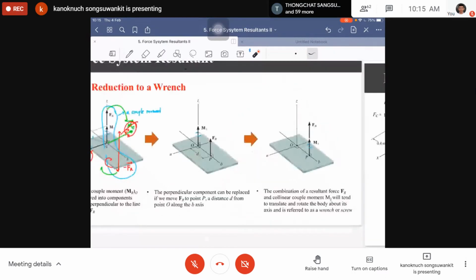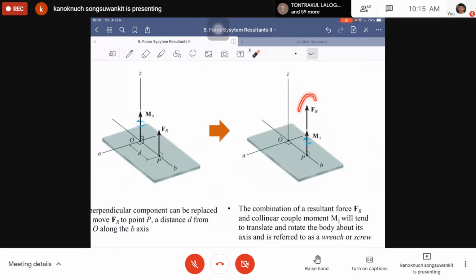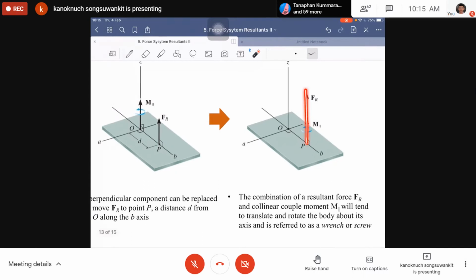So you can see that for this system, the movement is translation and also rotation, on the same axis. So let's suppose that the line of action is axis C. The moment will rotate about this axis, and the movement will also translate along this axis.